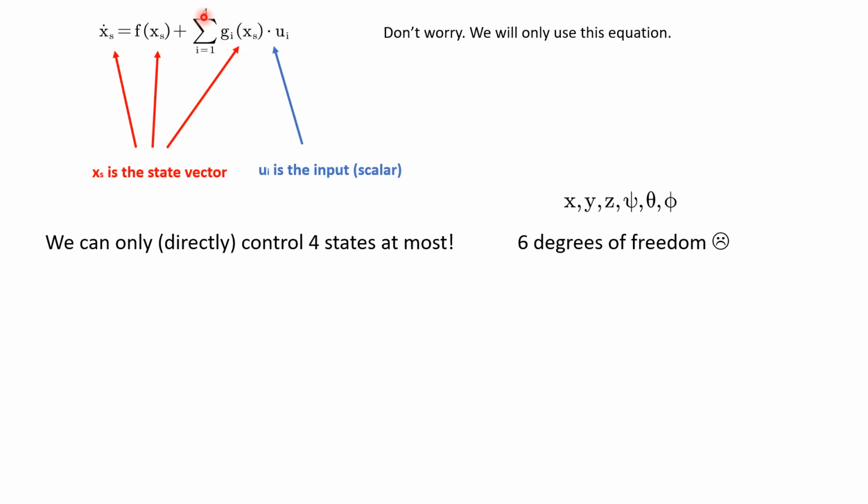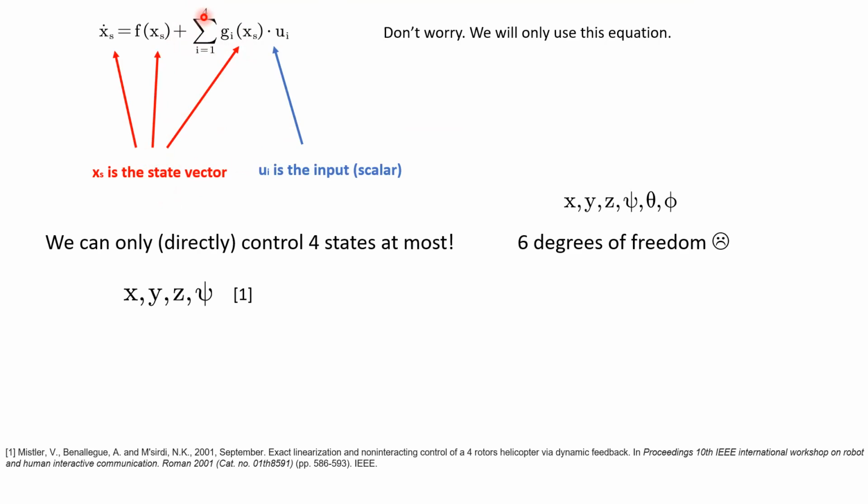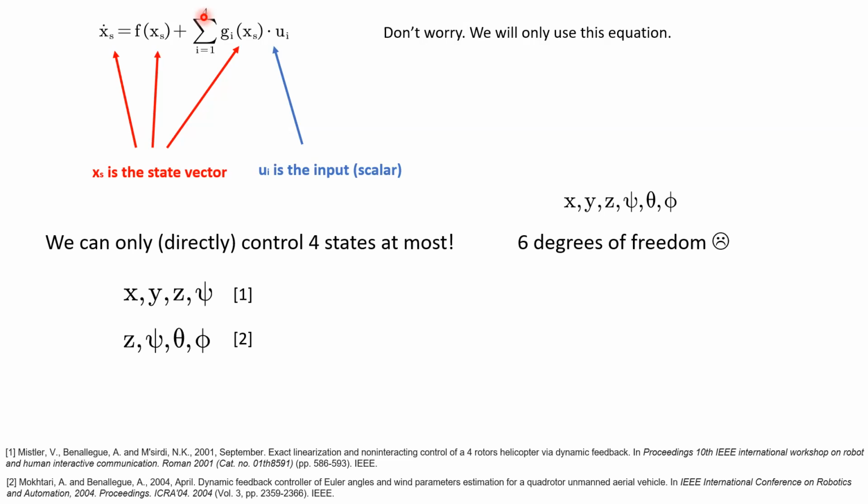So we can only control 4 of them directly. For example, we may control x, y, z, and psi as controlled variables. Also, we may control z, psi, theta, phi as controlled variables. Of course, there are other choices. In fact, this is the number of all the choices.